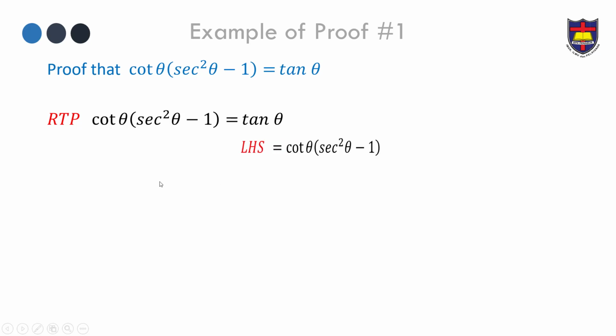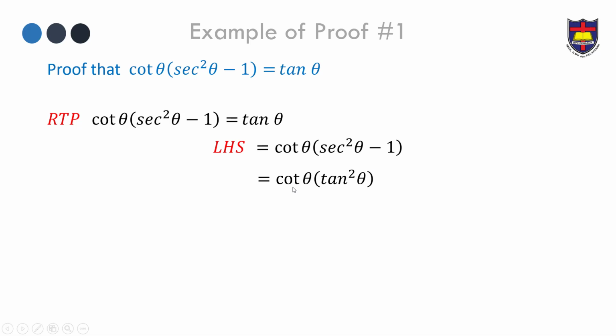As it is tangent theta here, I will write down LHS, the symbol for the left hand side that you are taking, and this is written as cotangent theta times secant square theta minus 1. Then later we will change it to tangent theta by our identities. Cotangent theta multiplied by secant square theta minus 1, you can change secant square theta minus 1 into tangent square theta.